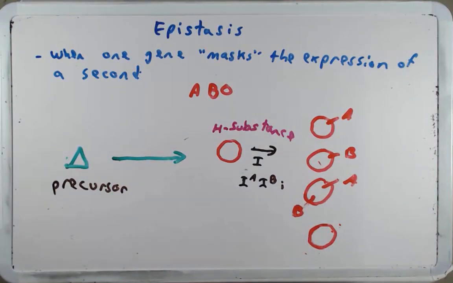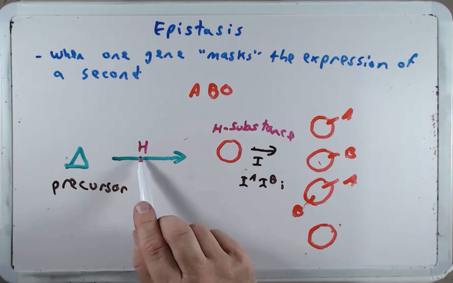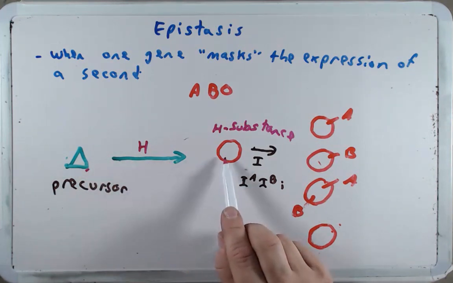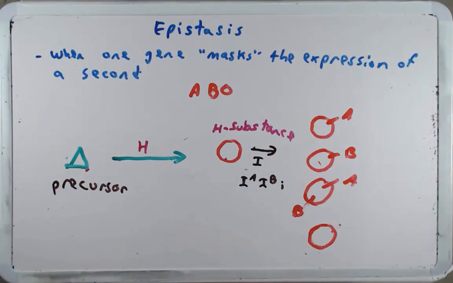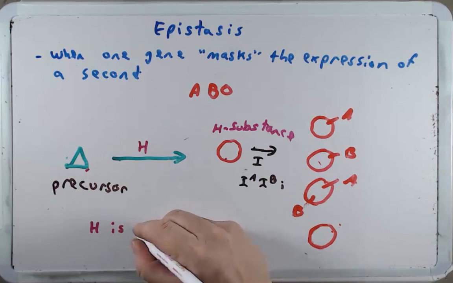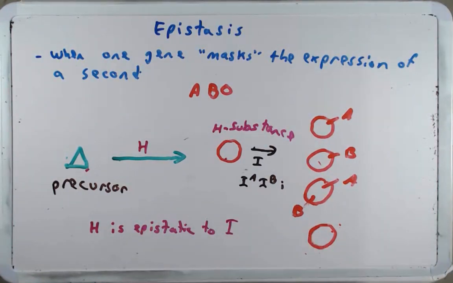And we know that a gene called H makes an enzyme that converts this precursor into the H substance. We say that H is epistatic to I because it comes first in the pathway.